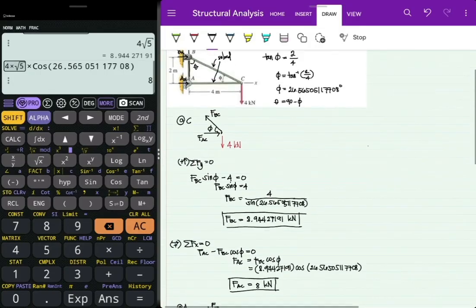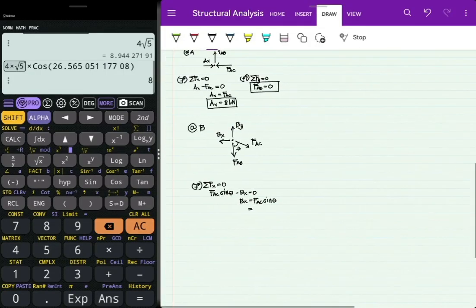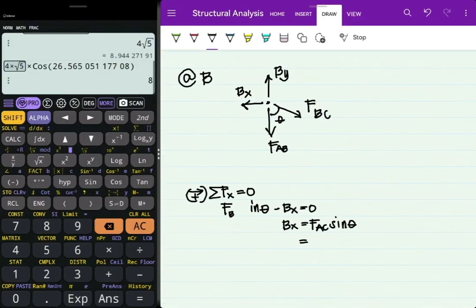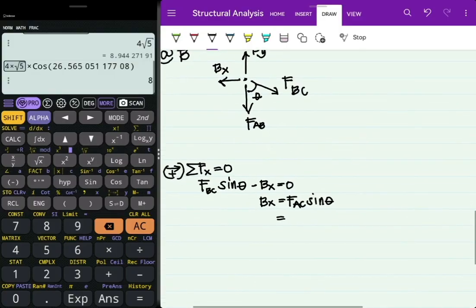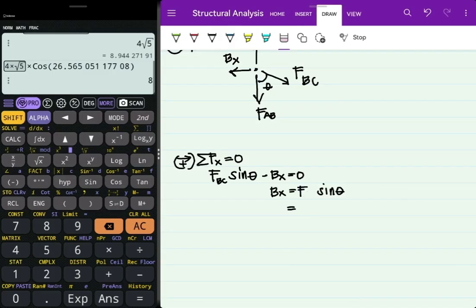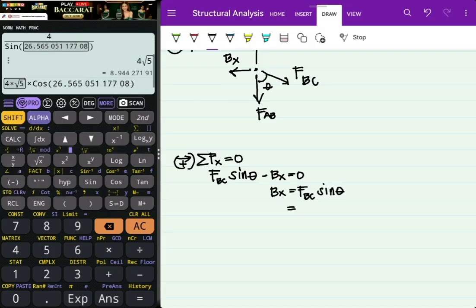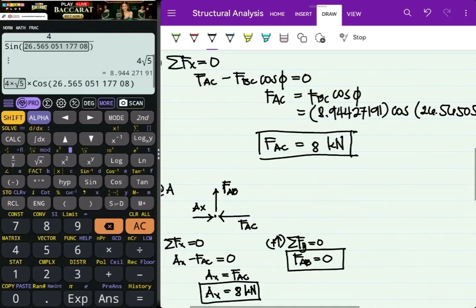AC? Oh no, is it AC? That's BC. Sorry, this is B. This is BC. This is BC sine. Okay, this is also BC here. Now the value of BC, I think it's available here. This one, right? That's 8.944.